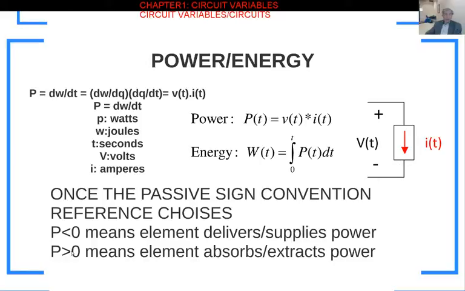If the resulting power sign is positive, then we say this element absorbs power. Without using the passive sign convention on these references, we cannot separate whether an element delivers or absorbs power. So for this distinction, we need the passive sign convention.